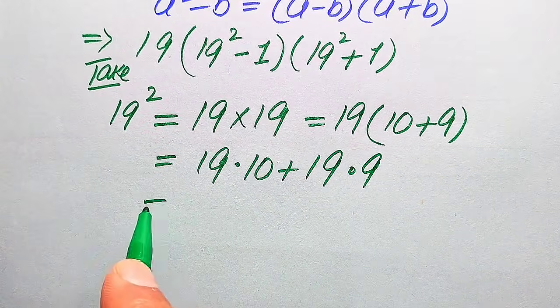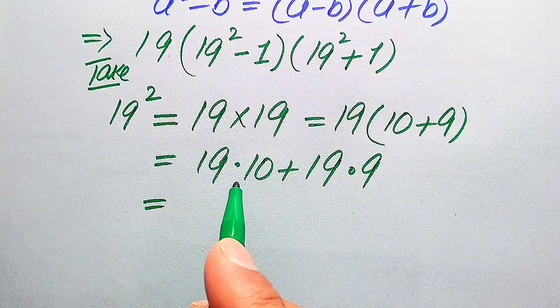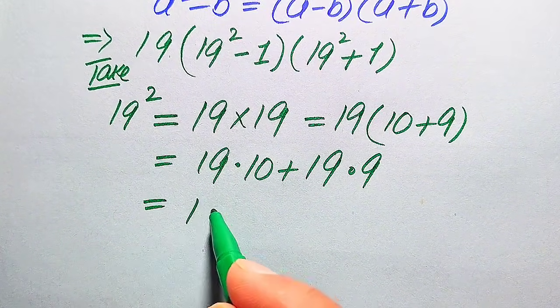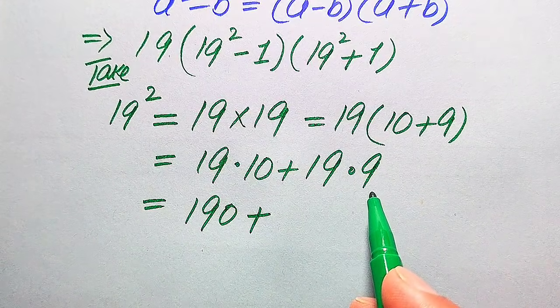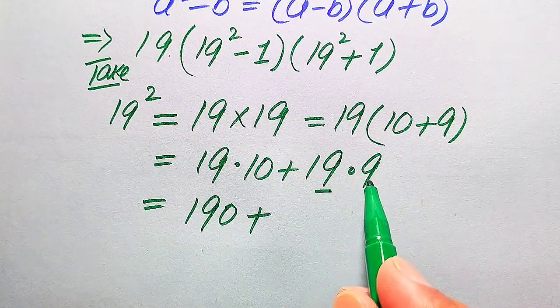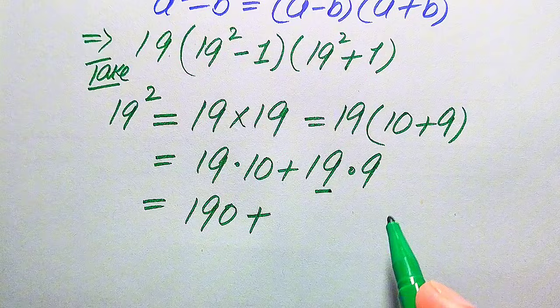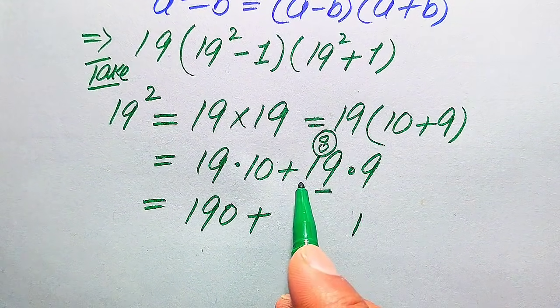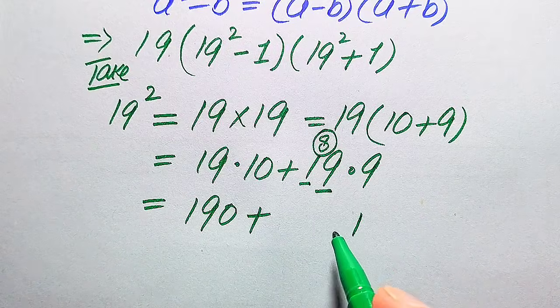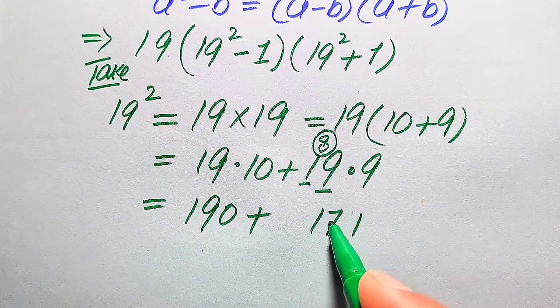And now in the next step, this is the trivial multiplication. 19 times 10 becomes 190, plus 19 times 9. Here first we multiply 9 with 9: 9 nines are 81. We write 1 and carry 8. 9 ones are 9. 9 plus 8 becomes 17.